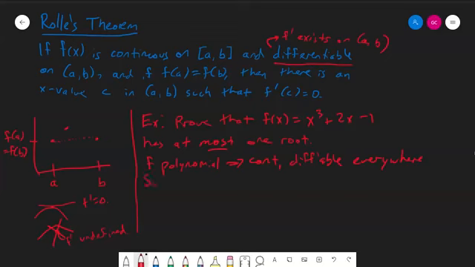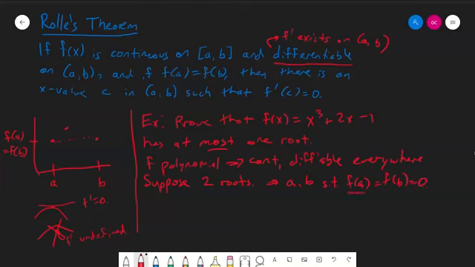So let's just suppose for a second that there were 2 roots. Or maybe 3 or 4 or 10. But if there are 10 roots, then there are some 2 roots. And what we mean by a root is just that there are values, say, a and b, such that f of a equals f of b equals 0.